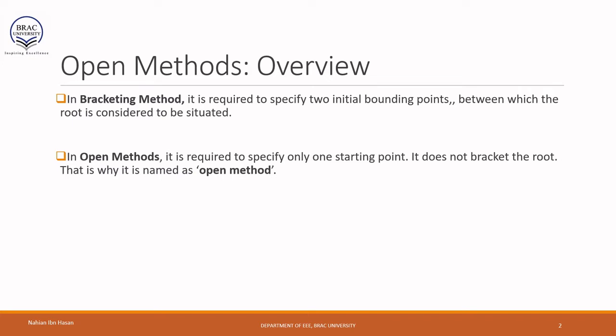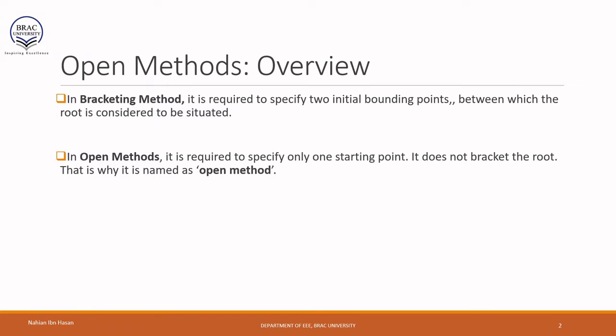Although we should not call it a boundary because it is a single point. So unlike the bracketing methods, in open methods we specify only one starting point. That's why it is called an open method. There is no bounding segment, or there is no boundary.